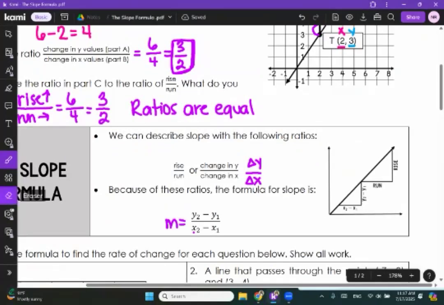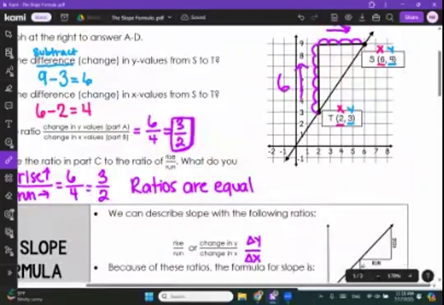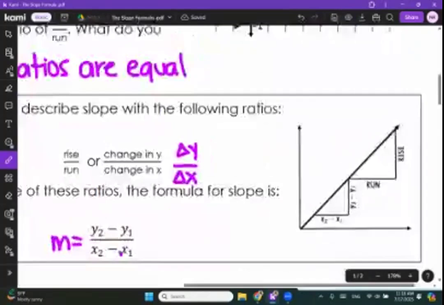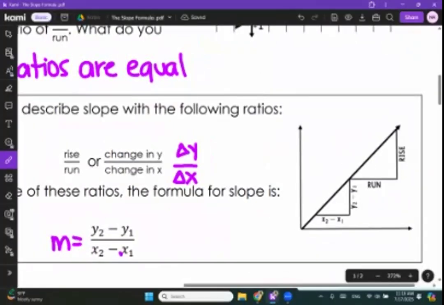We take the y value of the second point minus the y value of the first point, the x value of the second point minus the x value of the first point, which is what we did over here in parts A and B. And here you can see it side by side, rise over run versus y2 minus y1.